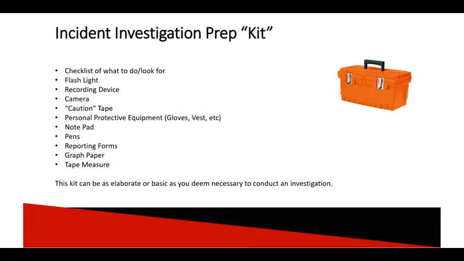Things that should be included in the prep kit are a checklist of what to do and what to look for, flashlights, recording device, cameras, caution tape, personal protective equipment including gloves or vests, something to write on, something to write with, the proper reporting forms for our internal process, graph paper, that way you can accurately write down measurements, distances, etc., and a tape measure. This kit can be as elaborate or basic as you deem necessary to conduct an investigation.